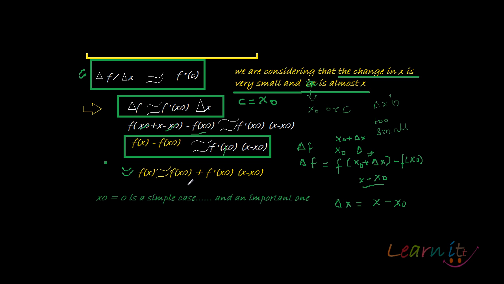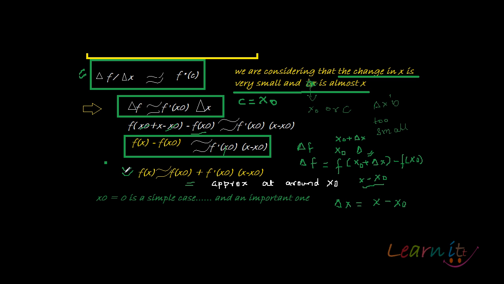Remember that this is essentially an approximation. Let me just write it down for you. This is an approximation. What we are trying to say is that the function is approximately the same as this around x naught. This is not for the whole function.